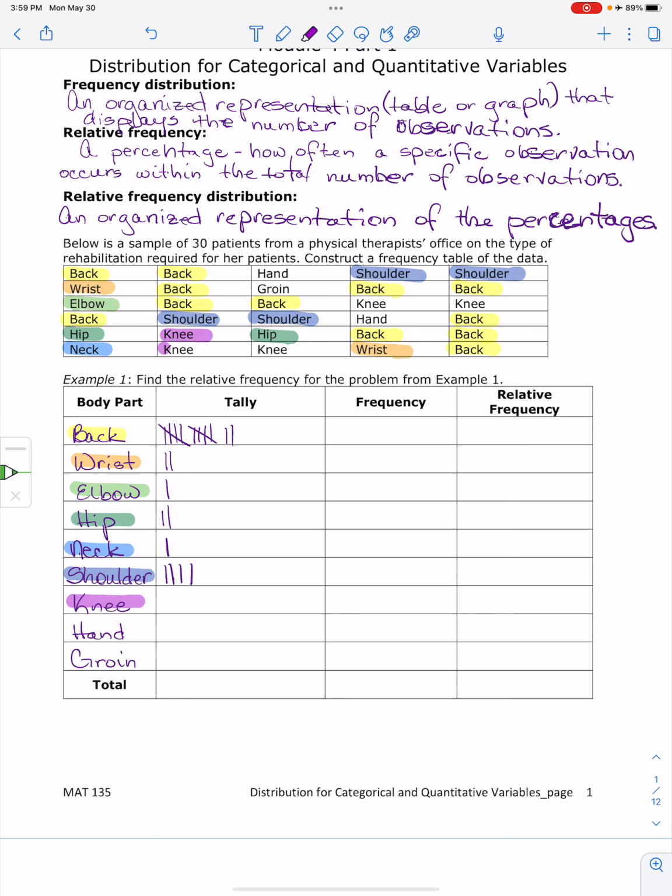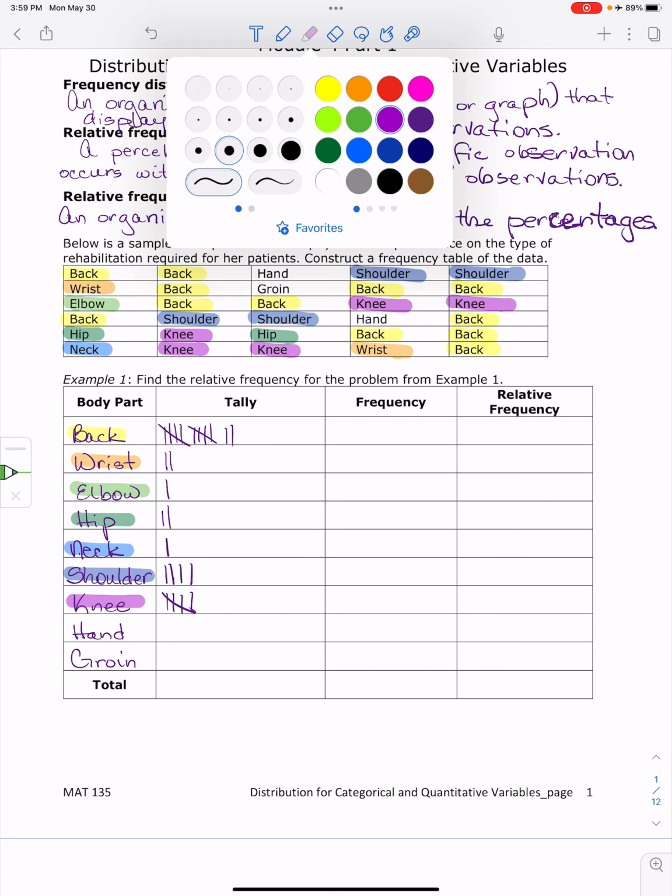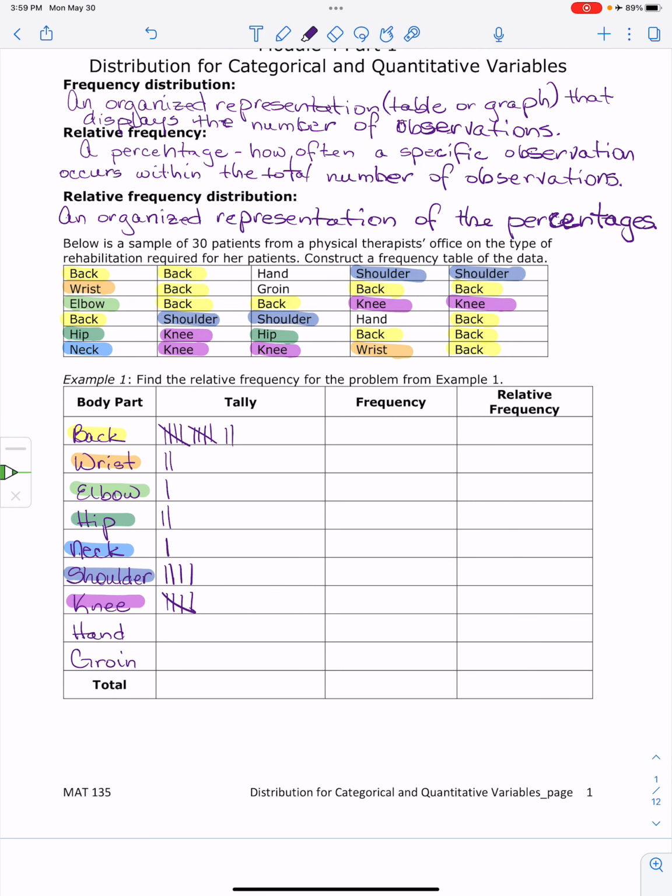I've got 1, 2, 3, 4, 5 knee injuries. A little easier to keep track of things as we move on. Hand, 1, 2 hand injuries, which leaves us with 1 groin injury.